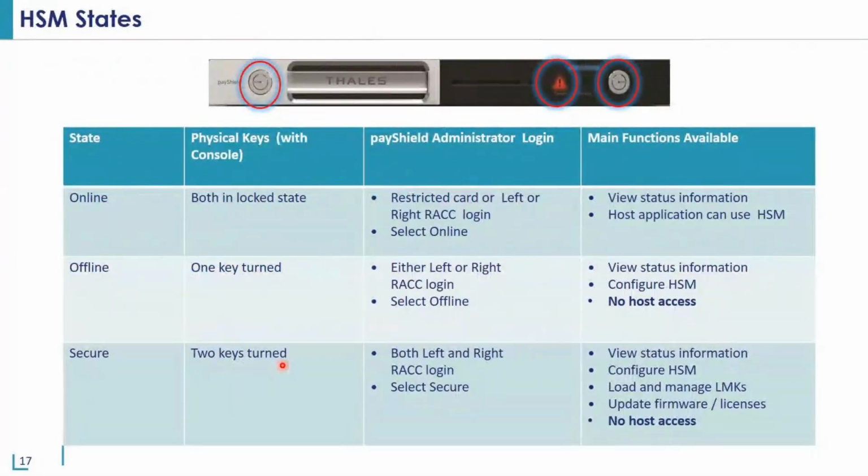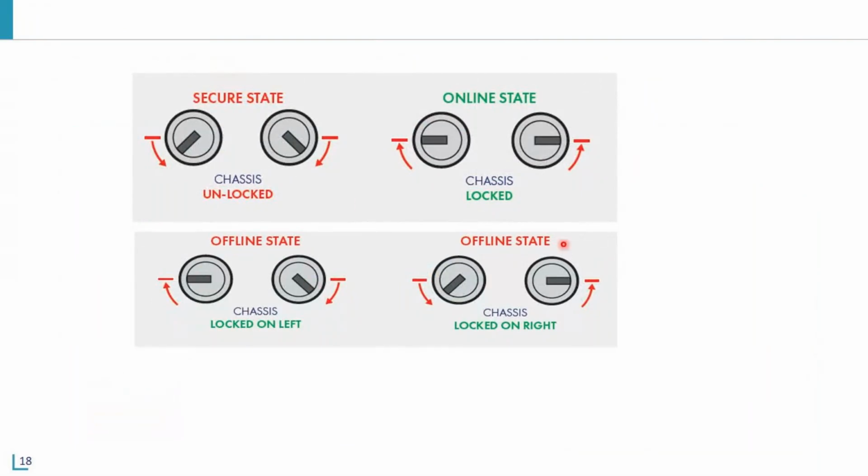There are different states on your PayShield 10K. You have online, offline, or secure. If you see this diagram here, online is when the keys are in the lock state. This is the state of the physical keys.